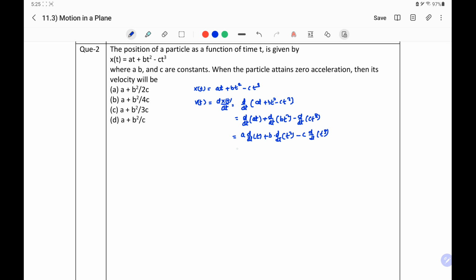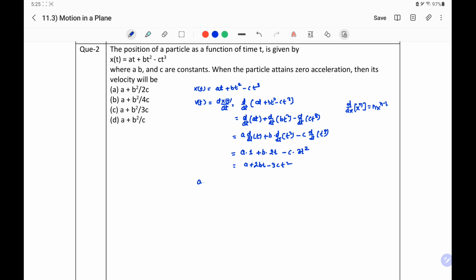The formula is differential of x raised to the power n is n x raised to n minus 1. So we will have a, differential of time is 1, plus b into 2t, minus c into 3t square. So it will be a plus 2bt minus 3ct square.